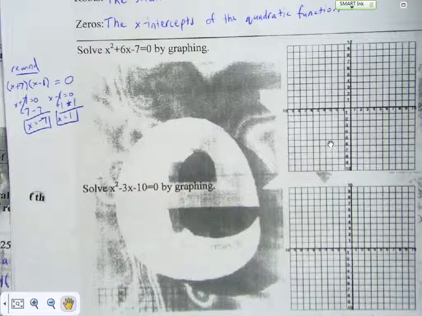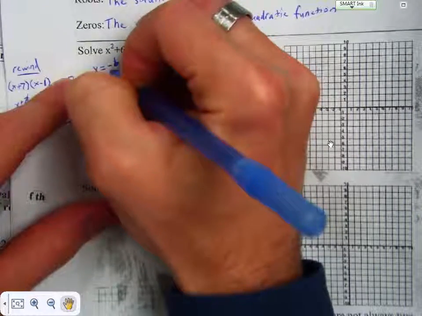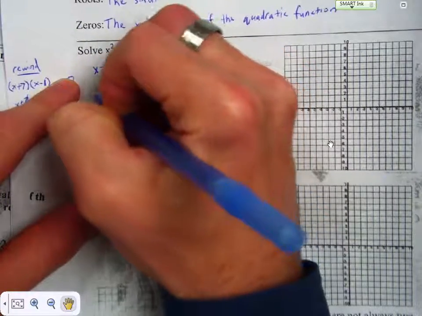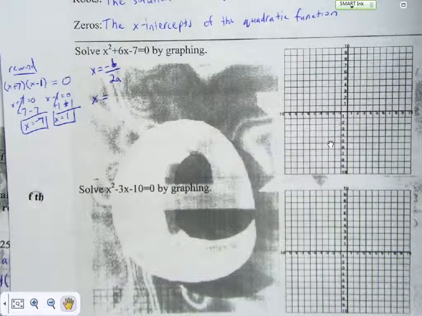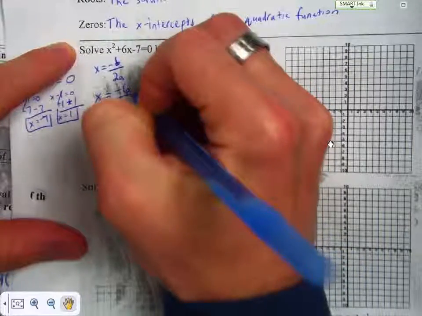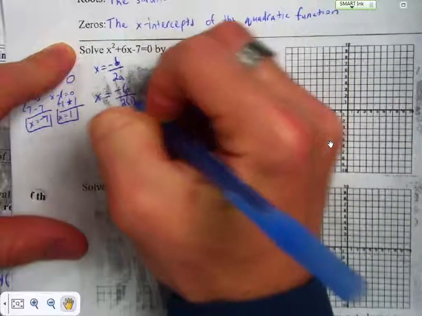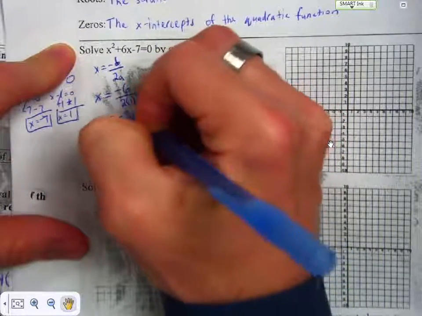Well, remember, the first thing you like to do when you're graphing is find out where it's being cut in half. So we can find our vertex, where it starts. So we need to plug in the opposite of B divided by 2A to find my axis of symmetry. We already have A, B, and C. B in this problem is 6, so the opposite, -6, divided by 2 times 1, so -6/2, or you're right, -3.